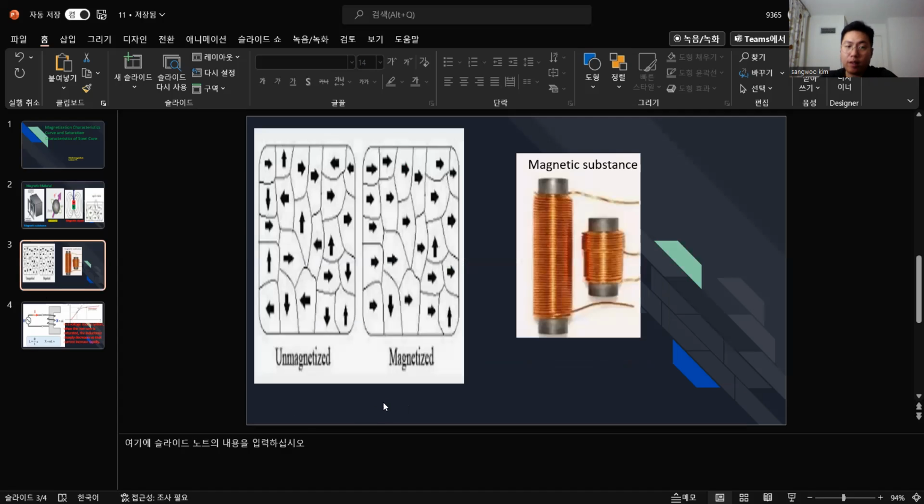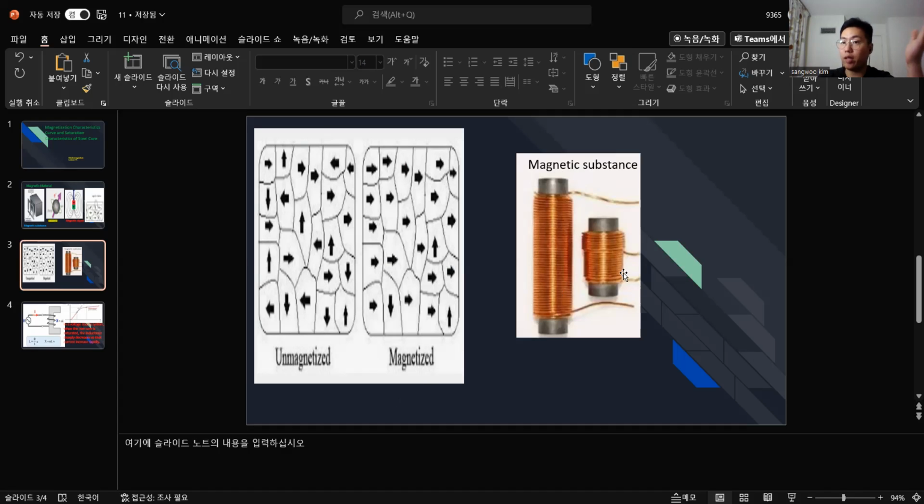So look at that. If we energize and magnetize it, you can see the direction is changed from random. We say this is magnetized. For example, I said steel. Now we have a steel core, and the core is wound, right?